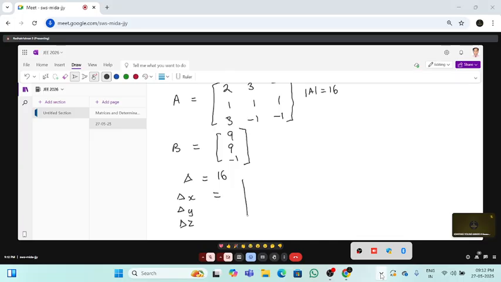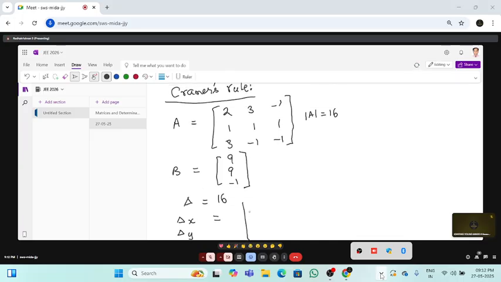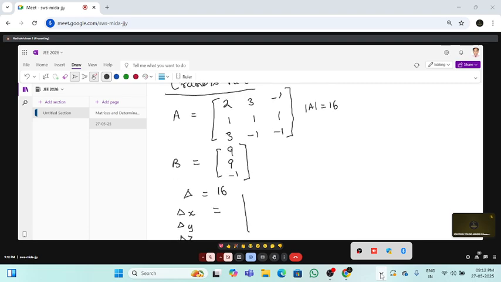And what is delta x? Delta x is the determinant, the same determinant of A, but you substitute the first column alone with the B matrix. Just the first column alone, you put 9, 9, minus 1, and the other columns remain as they are: 3, 1, minus 1, minus 1, 1, minus 1.